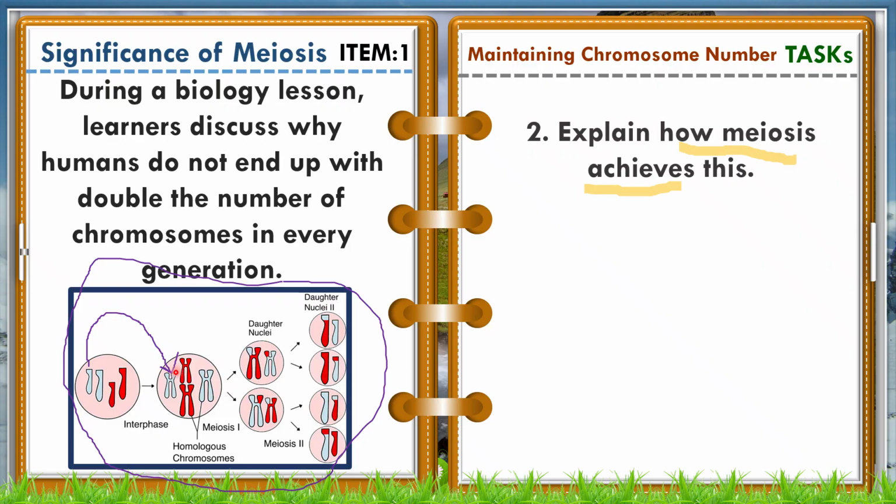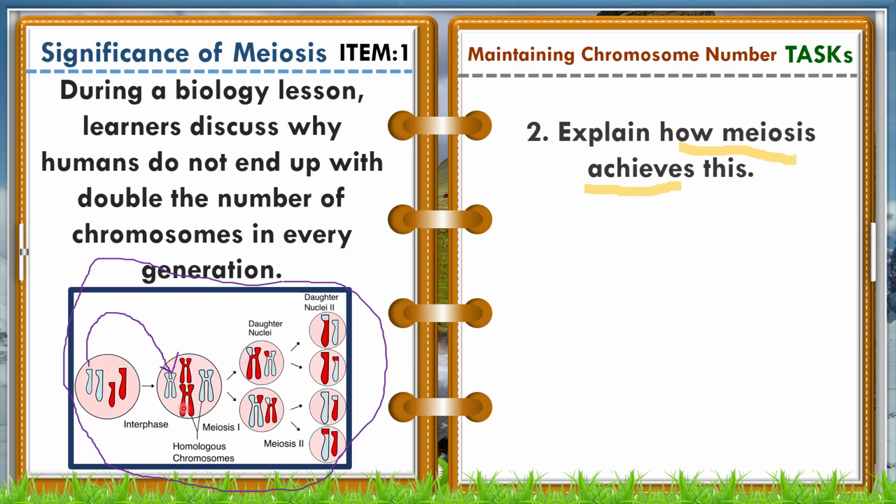They will align themselves, and this is during meiosis 1. In meiosis 1, what is going to happen? The homologous chromosomes are going to separate. And when they separate, we shall end up with 2 cells. If you remember, in anaphase 1, it is the homologous chromosomes separating.